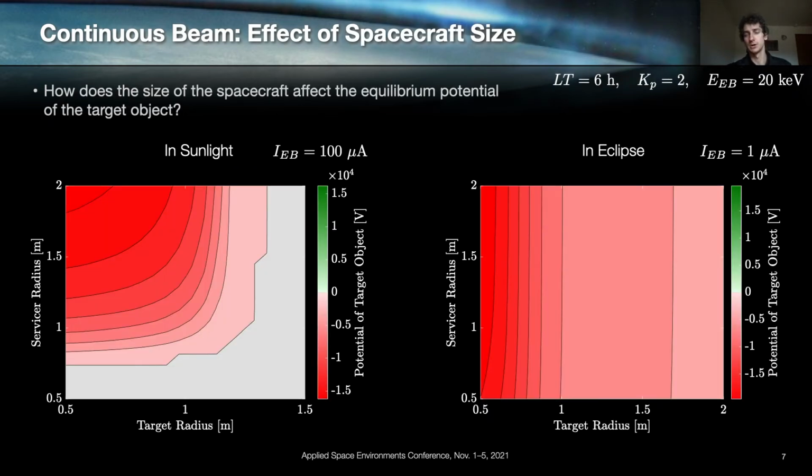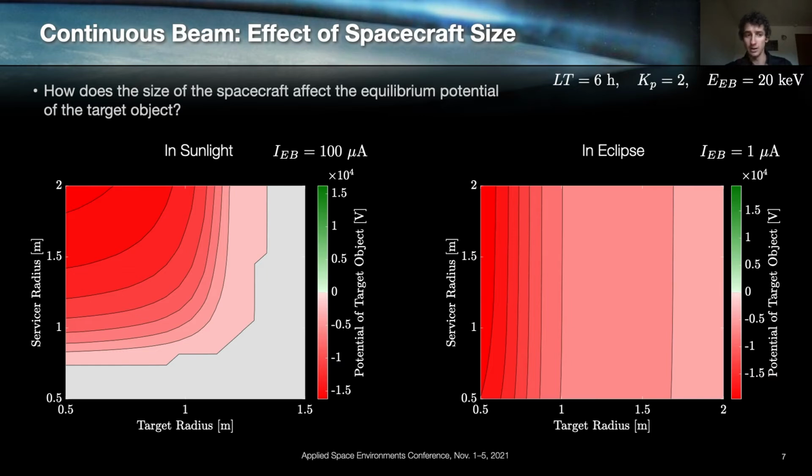Now on this slide, we're investigating the effects of the size of the spacecraft. On the left-hand side, again, is sunlight conditions, so including the photoelectron current. Generally, if the target object is really large or the servicing satellite is really small, then we don't have to worry about those charging effects as much, because the change in potential is pretty close to zero, which corresponds to those gray regions here.